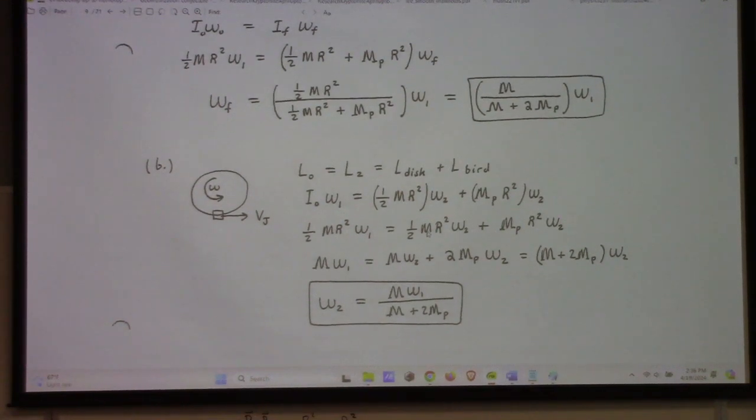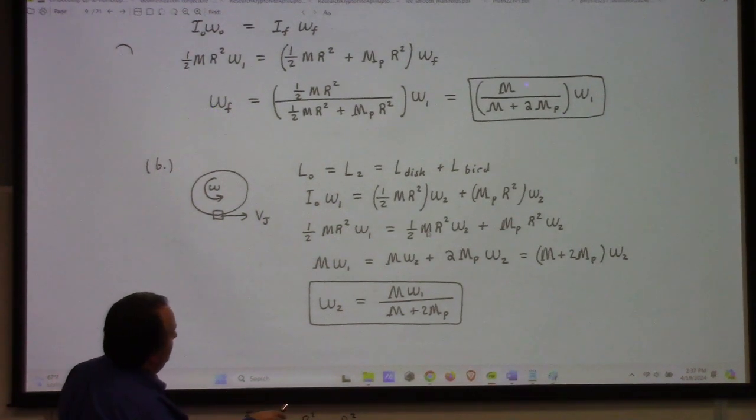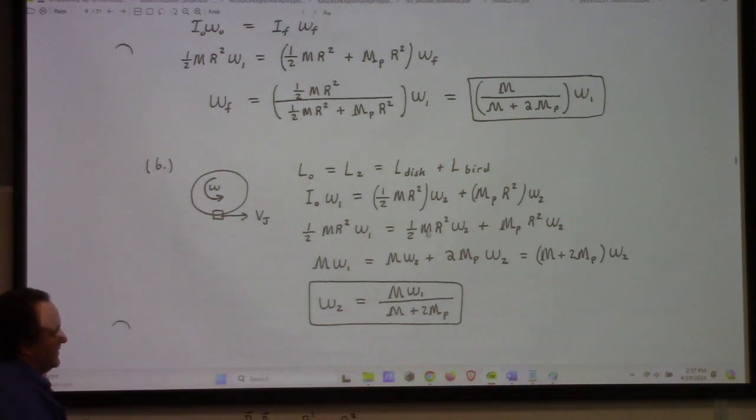So omega 2 is smaller. Here's omega f, here's omega 2 after the bird jumps off. It is smaller than this, because this fraction is smaller than 1. You're taking a fraction smaller than 1 and multiplying the speed that we had just after the bird landed. So omega 2 is a lower angular velocity.